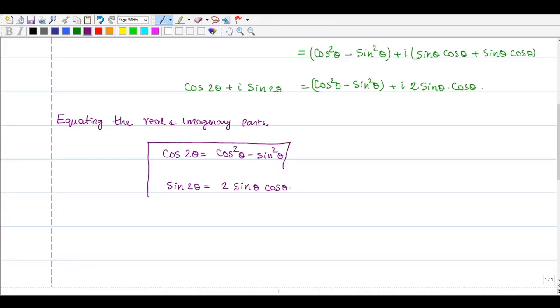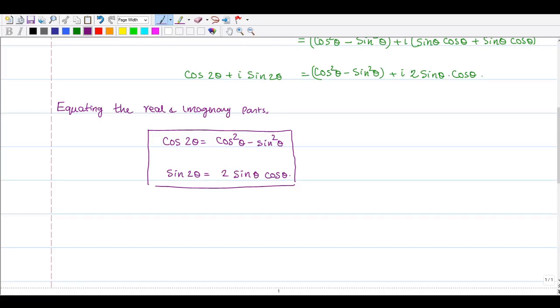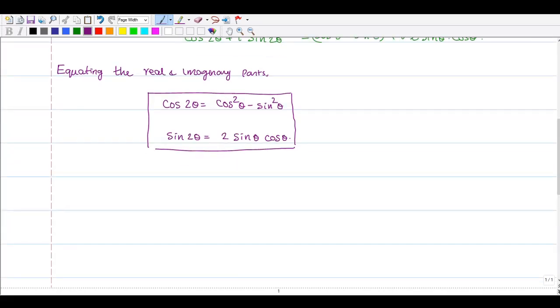So this is a trigonometric identity. In the same way you can have beautiful trigonometric identities with the help of De Moivre's theorem. Let me give an exercise as homework.